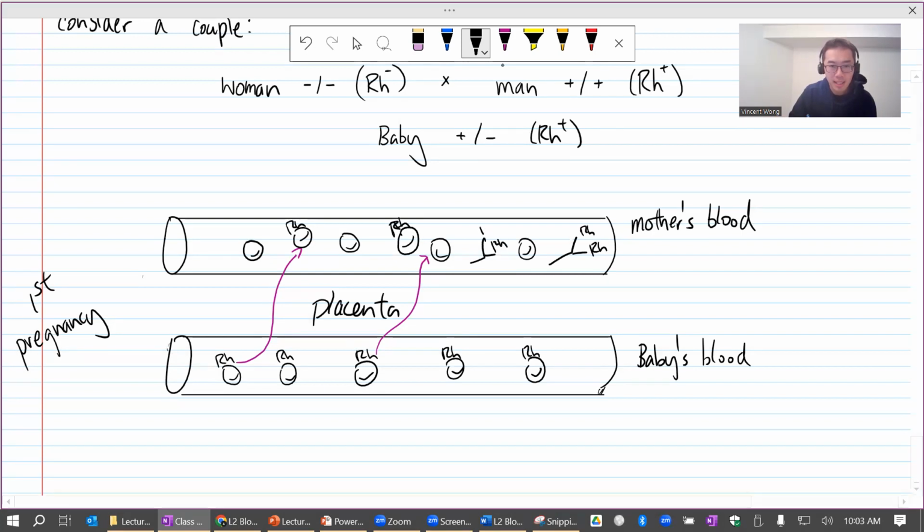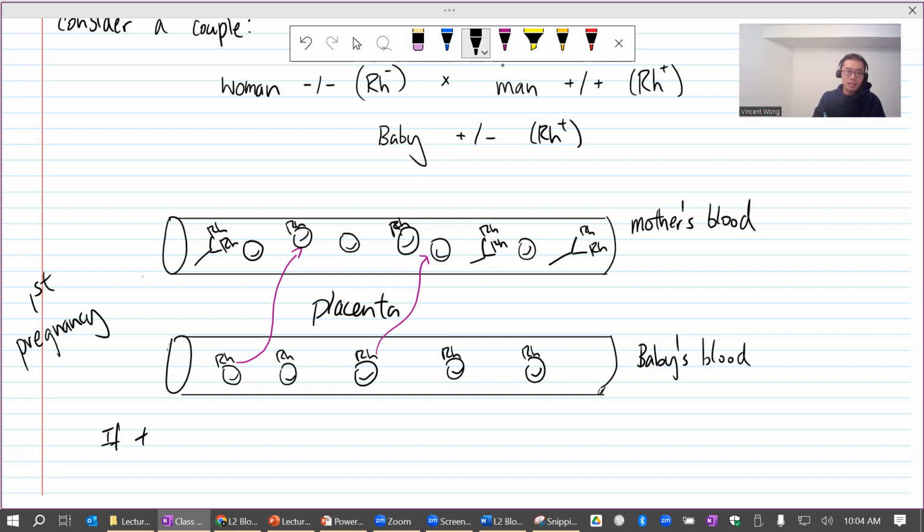So once sensitized, she will make anti-Rh antibodies. Is this going to harm the baby? The answer is no, because it takes some time to make the antibodies. If the damage of the placenta happens during delivery, the baby will be out of the mother by the time the antibodies are created.